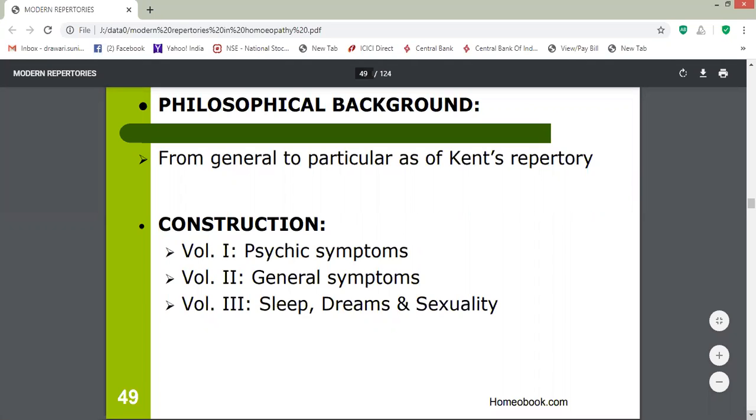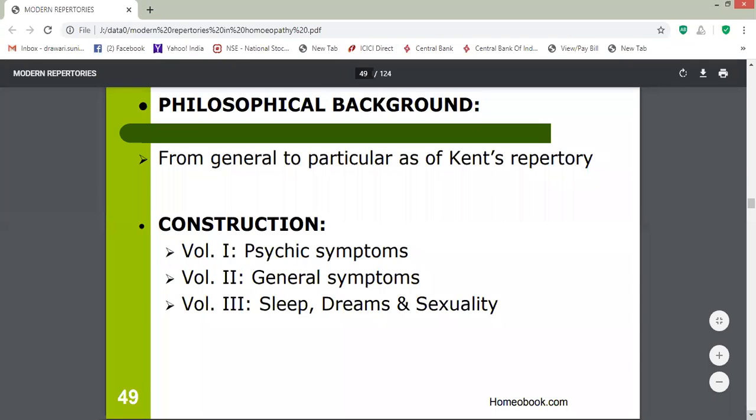Then there is a printing style to easily find the rubrics and sub-rubrics. The rubrics, or the symptoms, are written in bold capital letters, and the sub-rubrics are also written in bold, but in small letters, not in capitals.